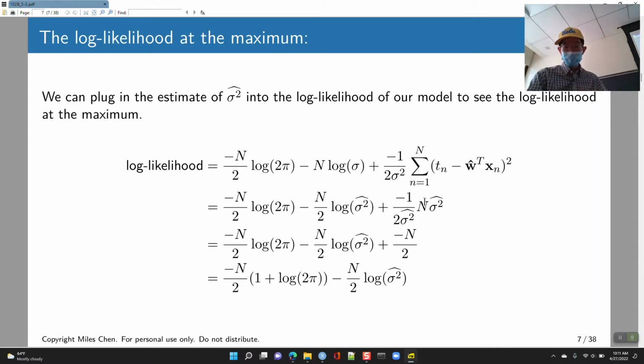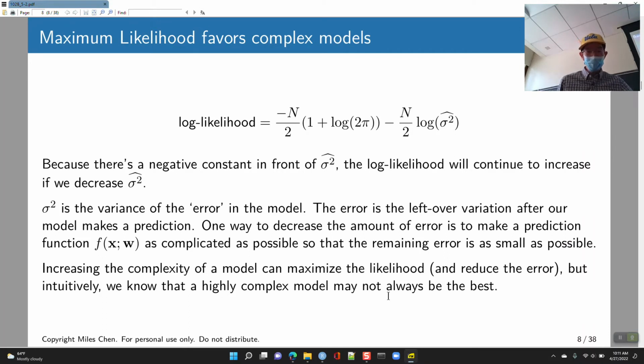And if I do that, these things cancel out, and I get negative n over 2. And that comes over here, so I get negative n over 2 times 1 plus log 2 pi, just some constant multiplied by how many observations we have, minus n over 2 log sigma hat squared, our estimate of the variance. So this is the value of the log likelihood here.